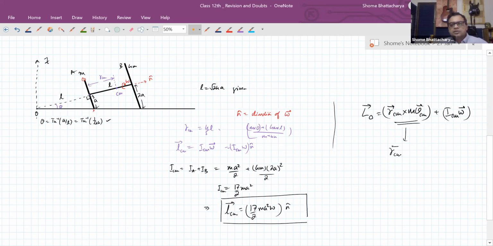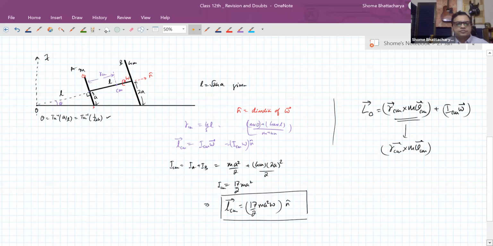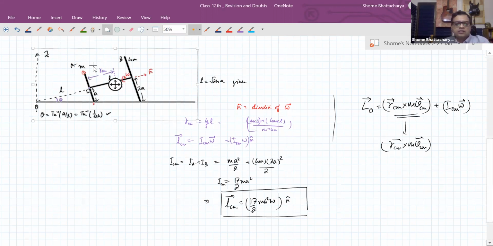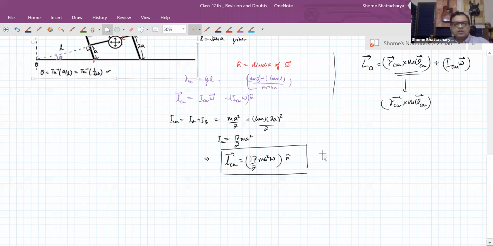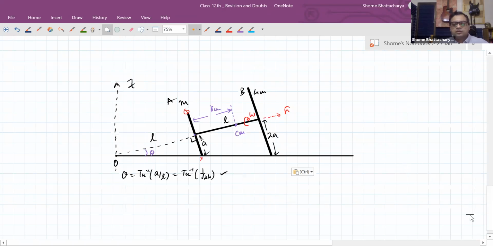So RCM cross MVCM. This is where the thing gets very interesting. What is happening here is that in this diagram, you have to understand what the center of mass is doing. Okay.